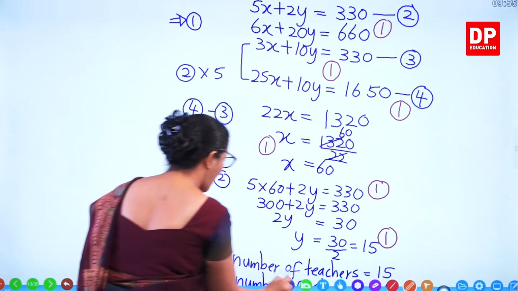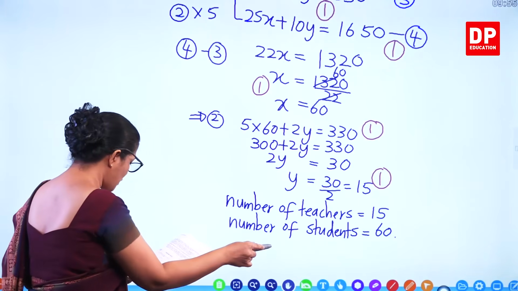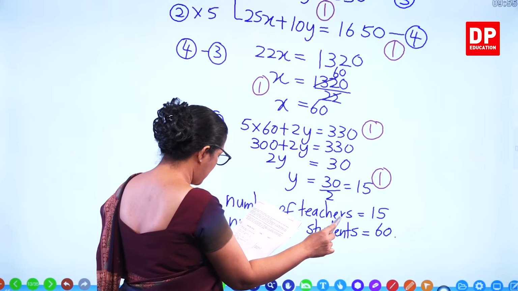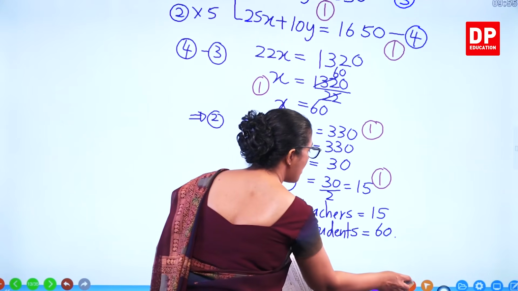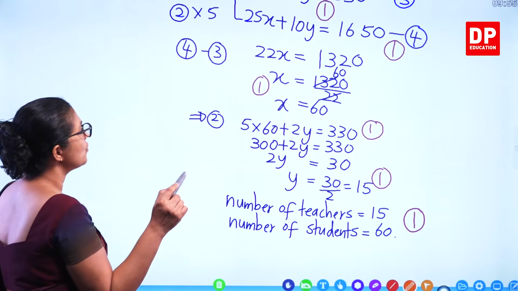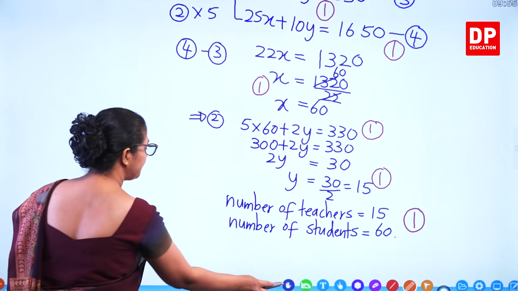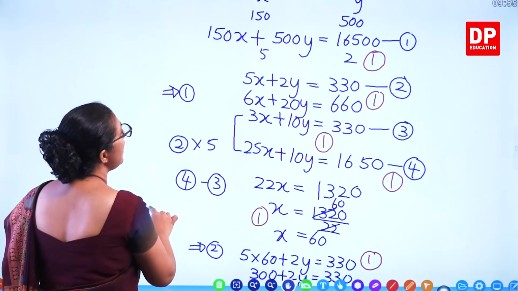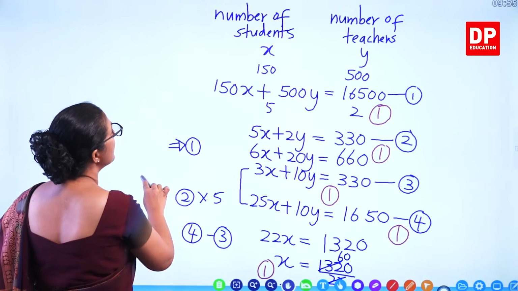And in this case you are getting marks for writing down the number of students and number of teachers, another 1 mark. 1, 2, 3, 4, 5, 6, 7, 8. 8 for this step.